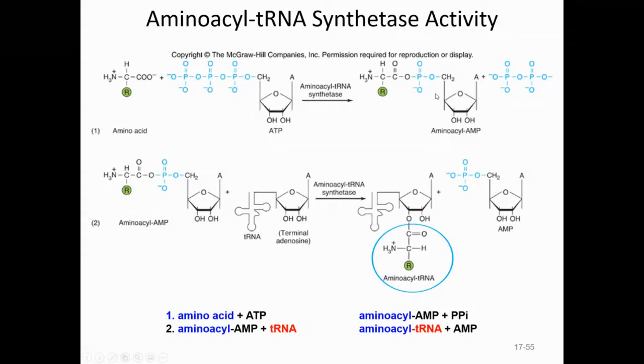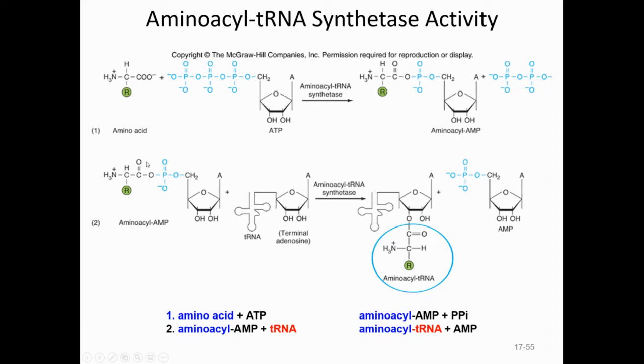And then the second step. First of all, you transfer the amino acid to this AMP so that you have aminoacyl AMP, and remove the pyrophosphate. The second step is processed by the aminoacyl tRNA synthetase. So this aminoacyl AMP, and then you have tRNA. Remember the last nucleotide is adenosine, this A here.